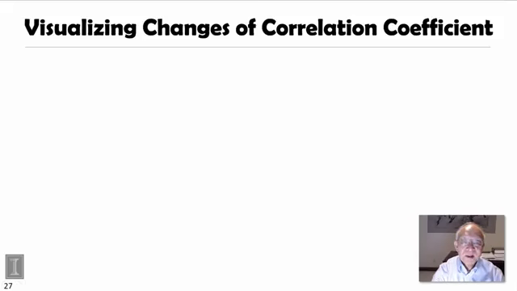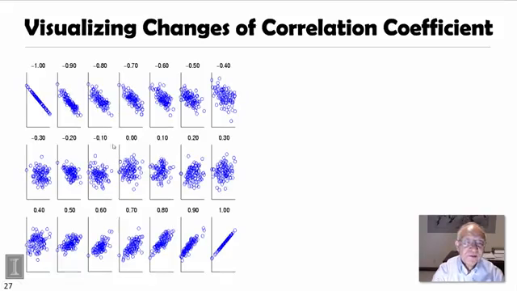Then we can look at a set of variables. For example, for two variables, when they are perfectly negatively correlated, they line up like this. Their correlation coefficient is -1. Then if they gradually become not so perfectly negatively correlated, you will see their trend. When this value is 0, you could not see any positive or negative correlation.